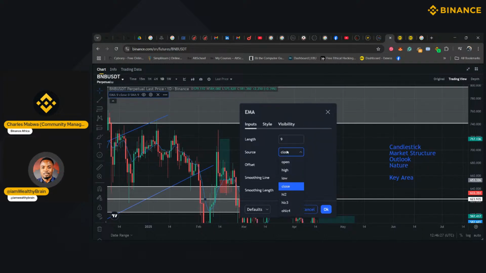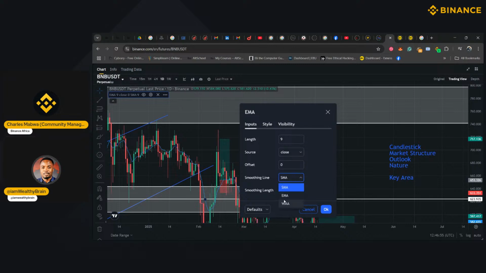Okay, default is saying give me data according to how price or market closes within this particular time. And then another one is how price opens. Another one is the highest price it went, the lowest price it went. And then other ways, average and the rest.